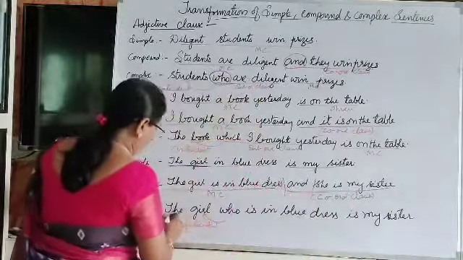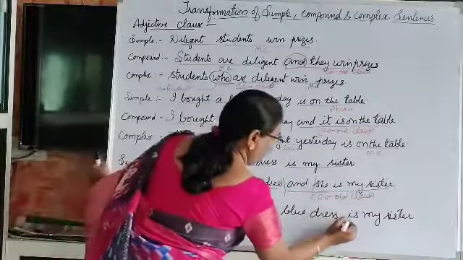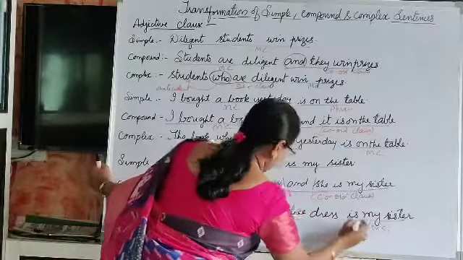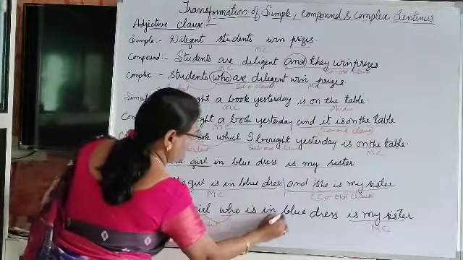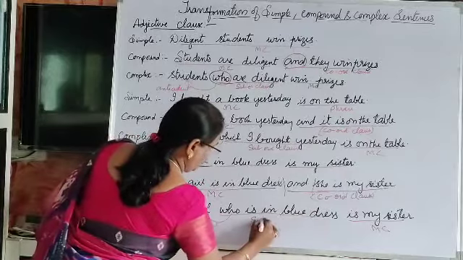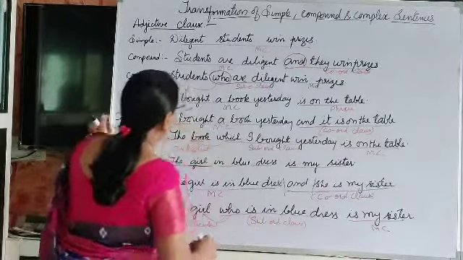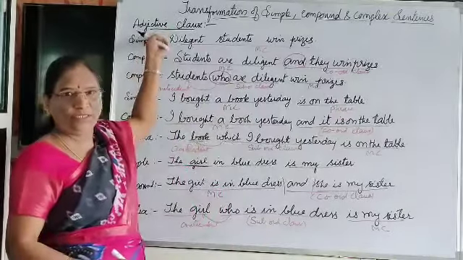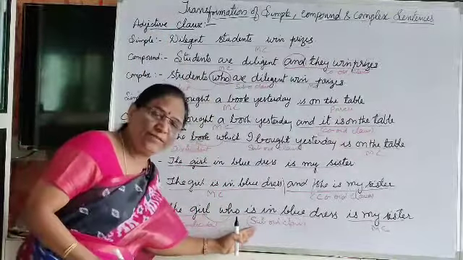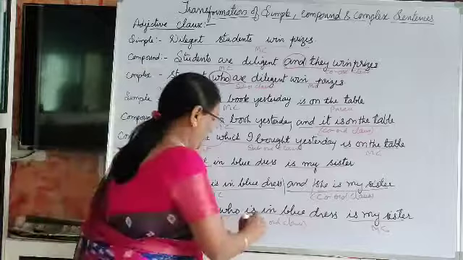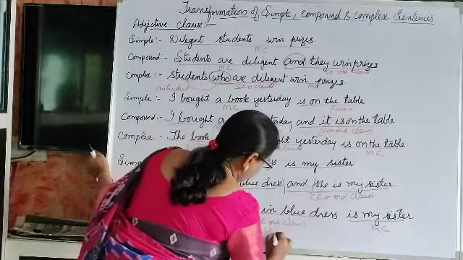The girl who is in blue dress is my sister. What is the main clause here? The girl is my sister is the main clause. Who is in blue dress is the subordinate clause. Here the subordinate clause is nothing but an adjectival clause.